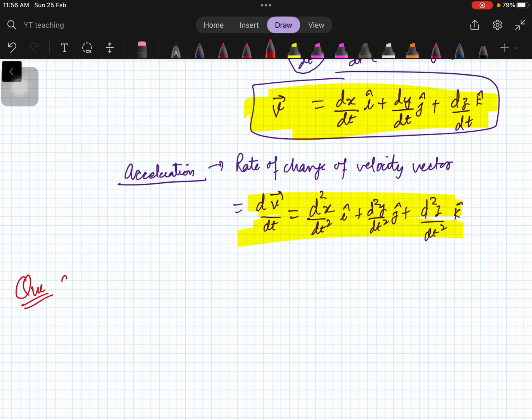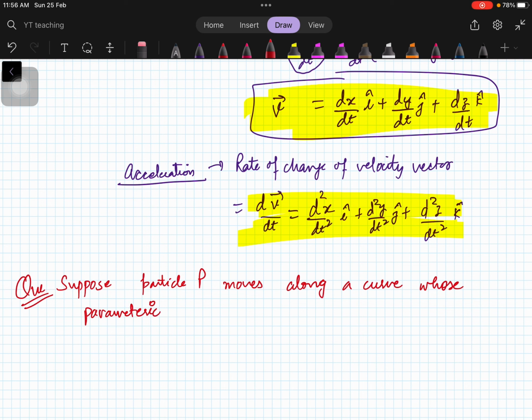I'm giving you this question: suppose particle P moves along a curve whose parametric equations are given. In this series we are preparing for IAS. Vector analysis is a part of paper 1.